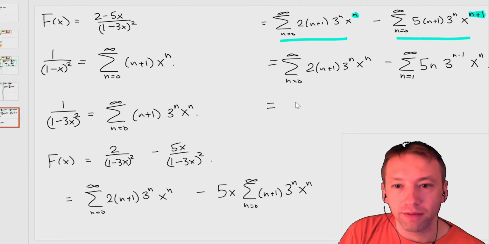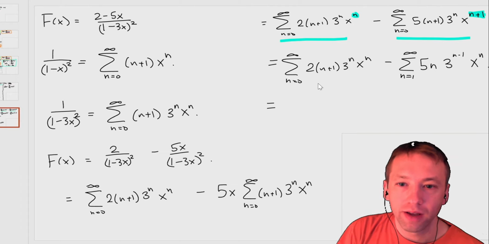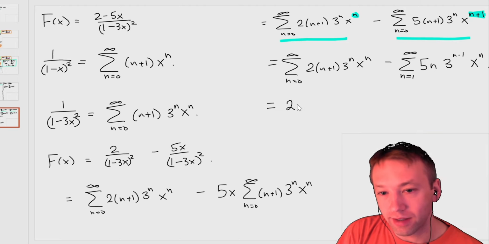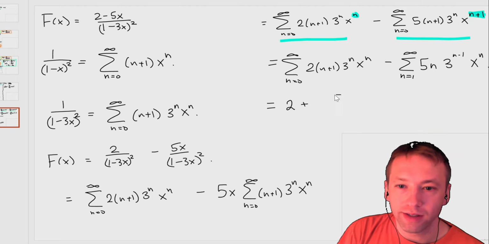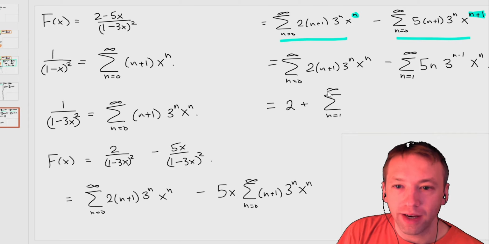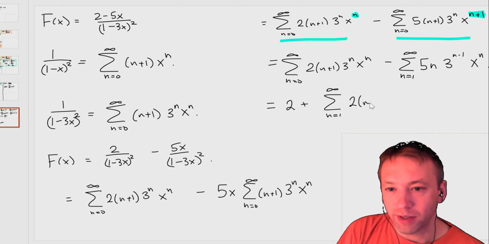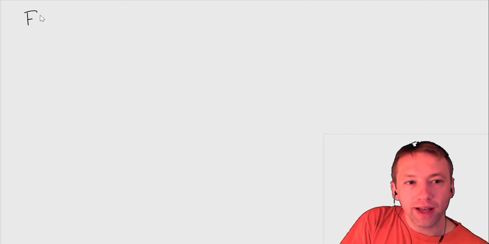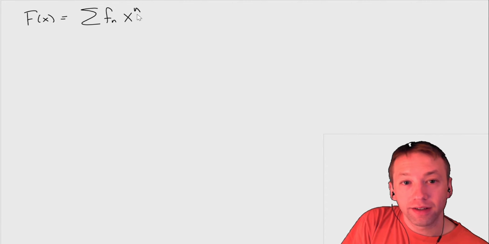If I take off the first term of the first sum, the n equals 0 term, I have that it's 2 times x to the 0, which is just 2, plus the sum n equals 1 to infinity of the quantity 2 times n plus 1, 3 to the n, minus 5n, 3 to the n minus 1, all in brackets, times x to the n. Now remember we said that f of x is the same as the sum f n x to the n, n equals 0 to infinity.